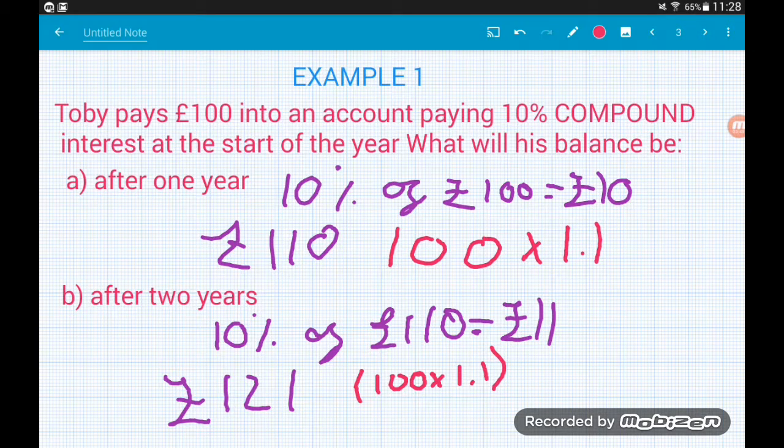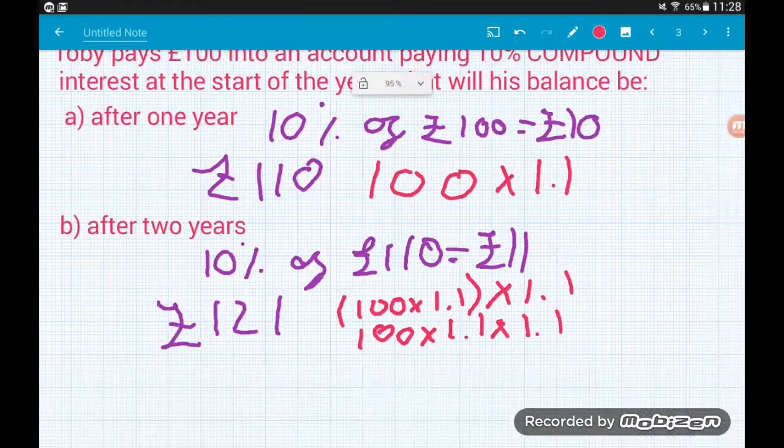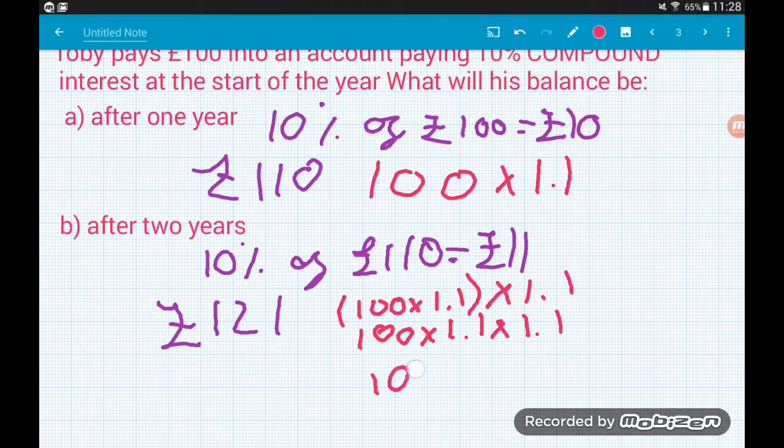Then to work out the balance at the end of the second year, we've increased that by 10%, so we've multiplied by 1.1 again. So we've got 100 times 1.1 times 1.1, and then we can sharpen that up a little bit. We can write that as 100 times 1.1 squared. Chuck that into your calculator, make sure you get 121 as we have here.